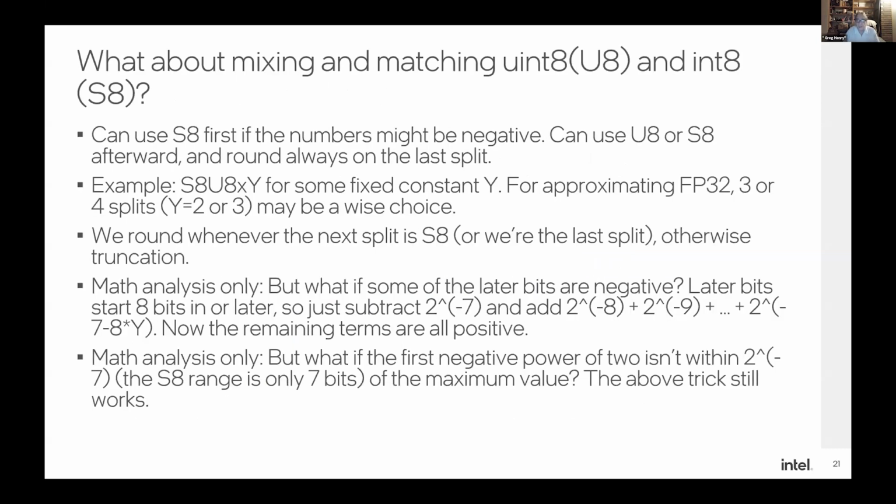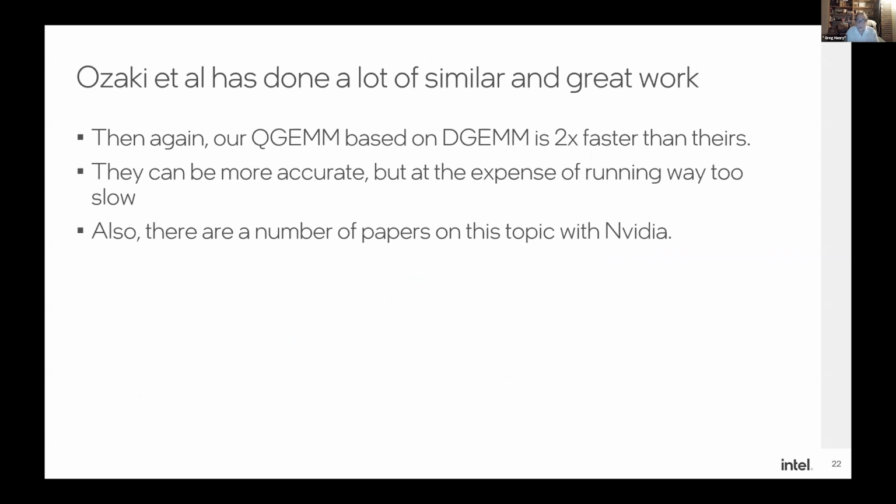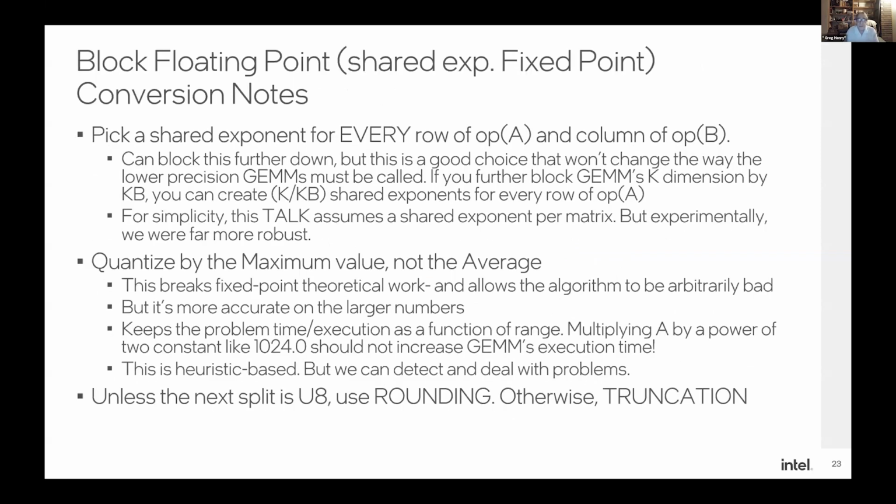So another thing we played around with a lot is mixing and matching. You can use int 8 as lowest precision, but I will say this work is not new. Ozaki has done similar and great work, and there's been a number of papers from NVIDIA as well, so you should check out those results.